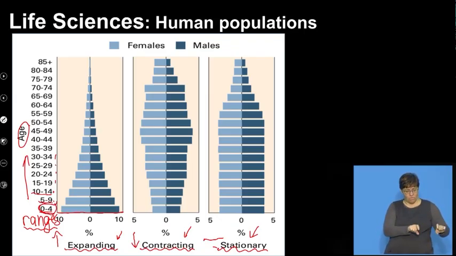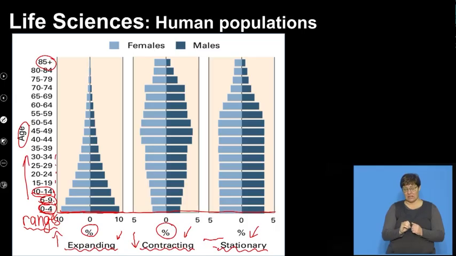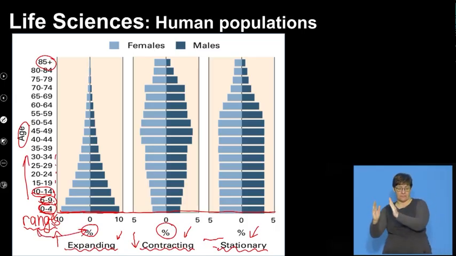We take a step up, 5 to 9, 10 to 14, all the way up to over 85. Along the x-axis, we have percentage. What percentage of the population is in this particular age range?